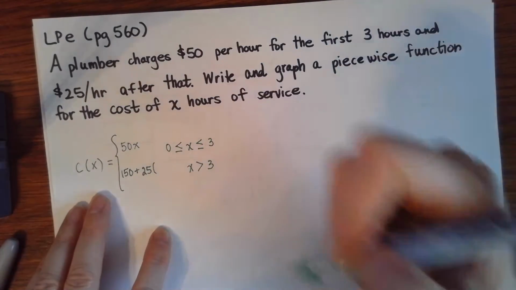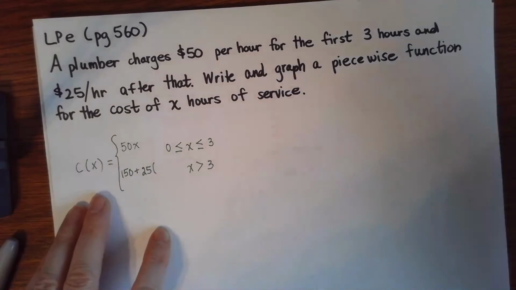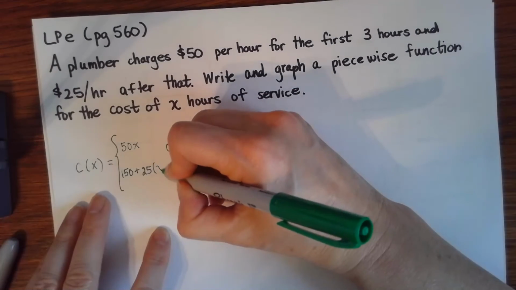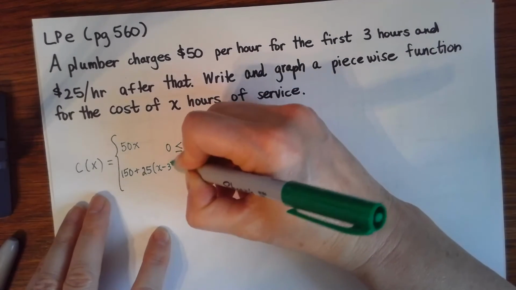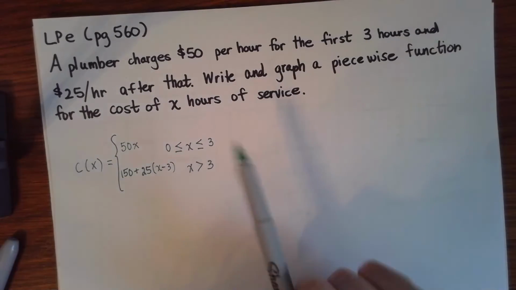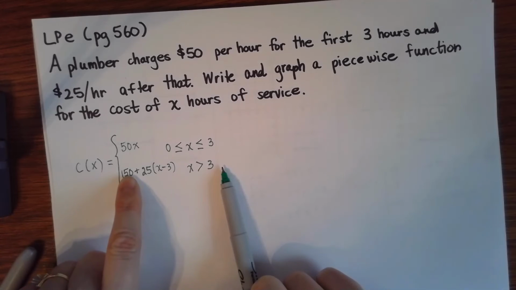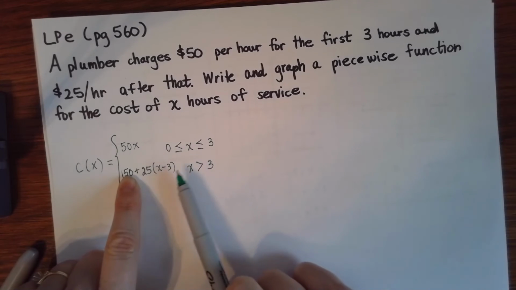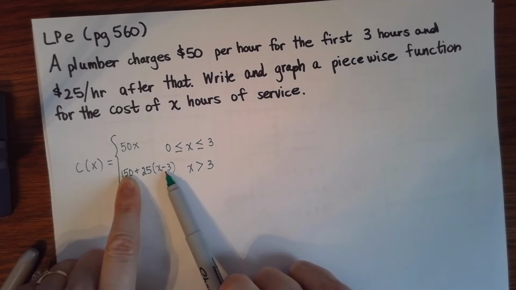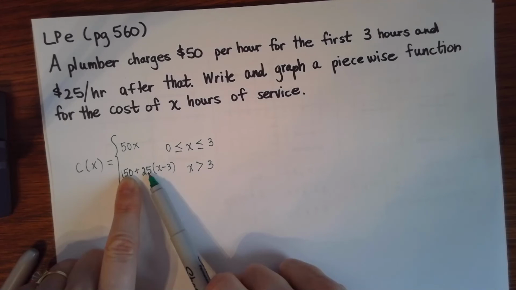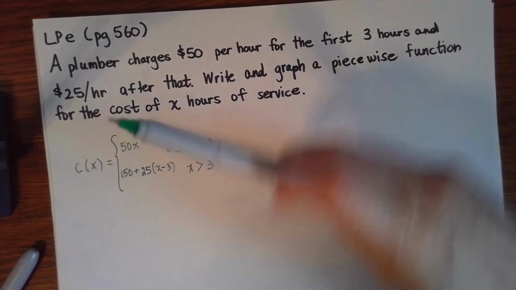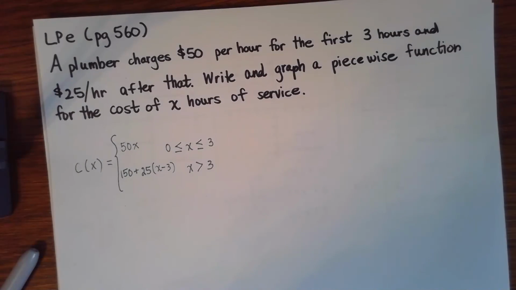So how do we figure out extra hours over and above 3? Well, we're going to take the number of hours and subtract 3. So if the plumber worked for 4 hours, he would charge $150 for the first 3 hours, and then for that additional hour, it would only be $25, and so it would be $175 for 4 hours, and then $150 for 3 hours, and that makes a lot more sense.